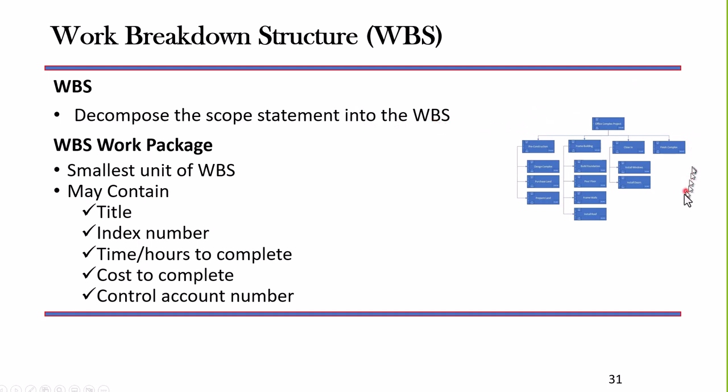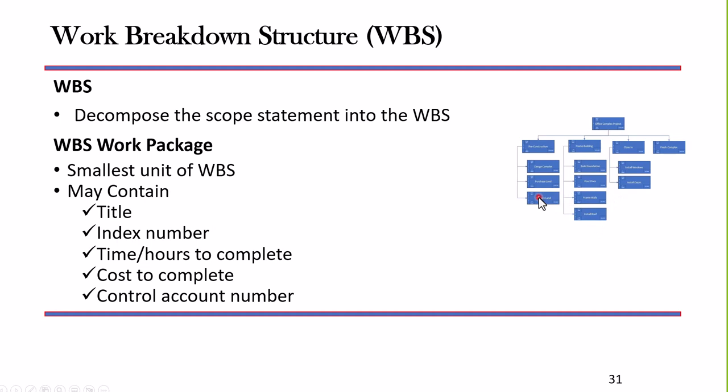The WBS is a graphical chart such as this that has a title and primarily an index number on it, and that's the work that will be done on the project to complete the project. We have that work package. So for example, this would be a branch here, and this would be work packages underneath those branches.